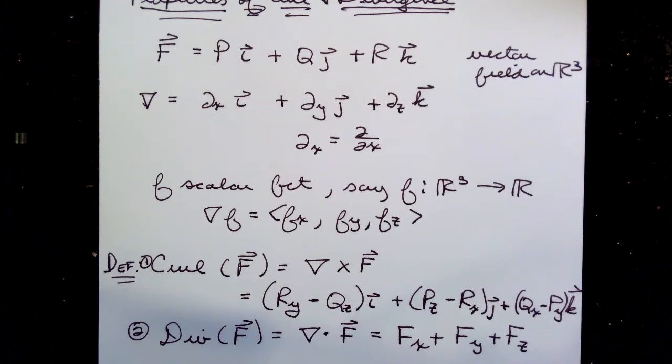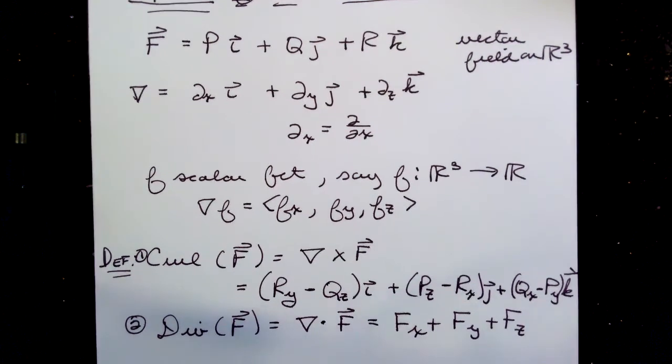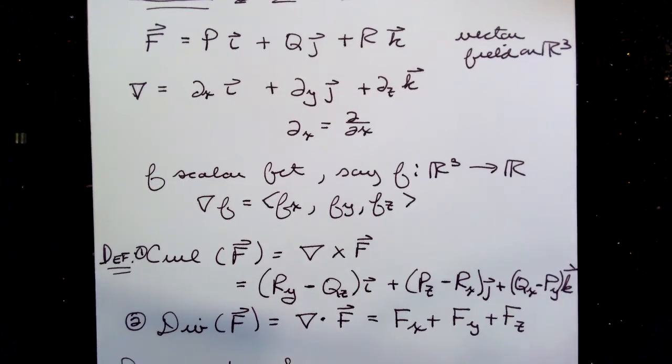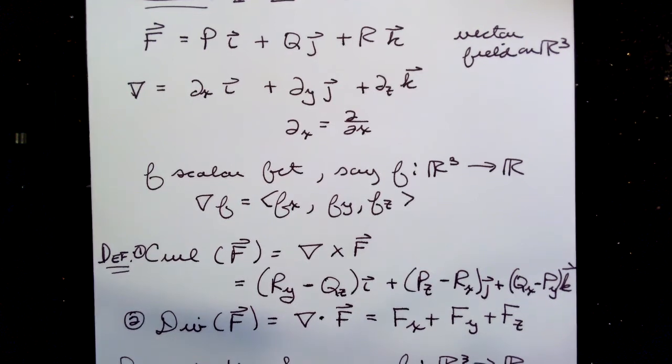So what are some of the important properties? Let's say property one. Suppose f maps R3, or some subset of R3 would work equally well, into R. So we have a scalar valued function and f has continuous second partials.